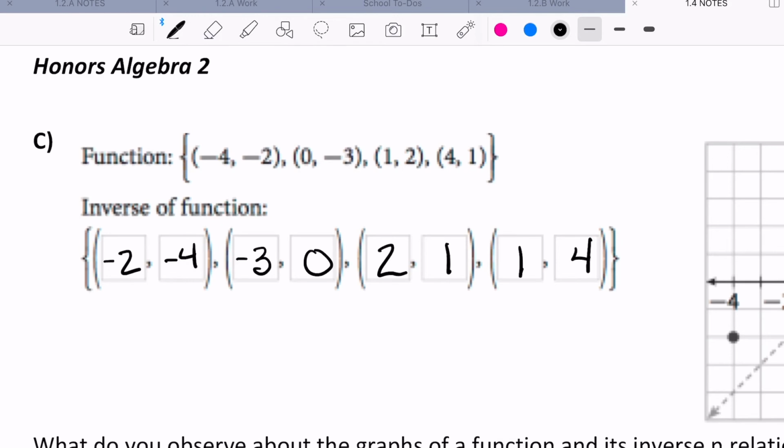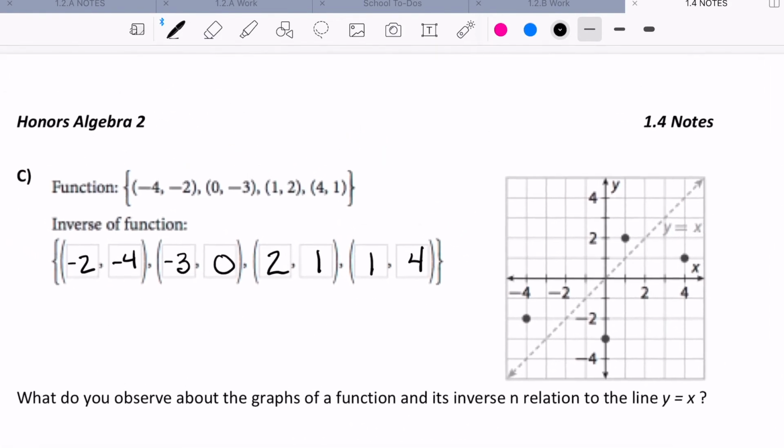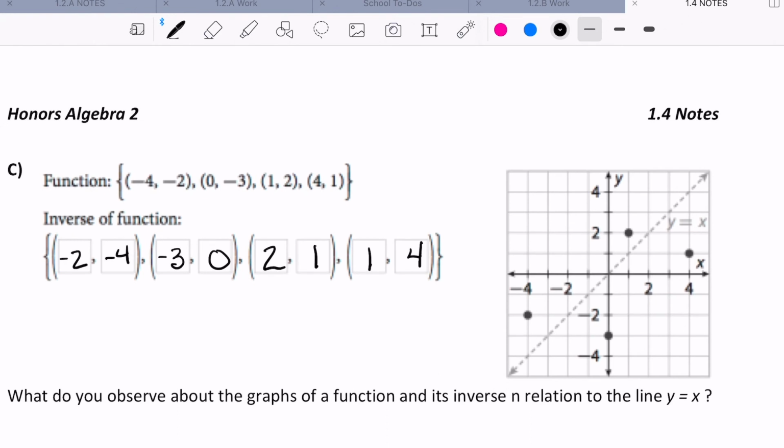Now, if you look at the graph over here, you can see that we have the line drawn. Remember, a diagonal line with a slope of 1 is always going to be the equation y = x. And we have the original function graphed. So we have (-4, -2), (0, -3), (1, 2), and (4, 1) already plotted.